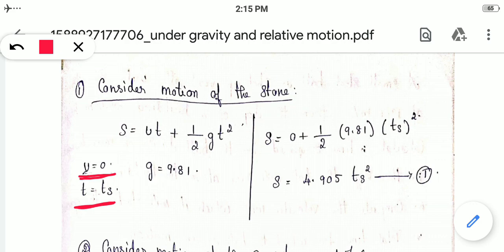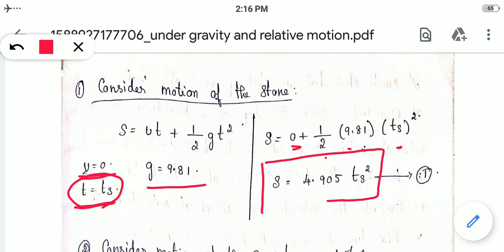What will be the gravity? That is g is equal to 9.81. So substituting the values, S is equal to 0 plus half times 9.81, that is the g value, and t is equal to Ts. Then you will get an answer like S is equal to 4.905 Ts square. Keep this as the first equation.